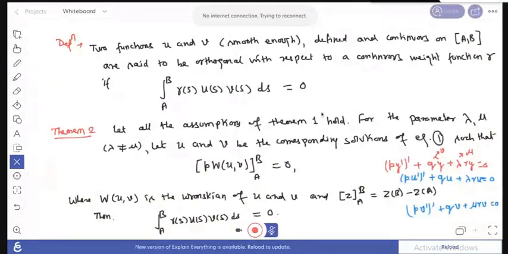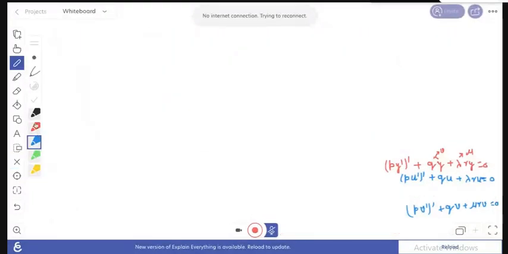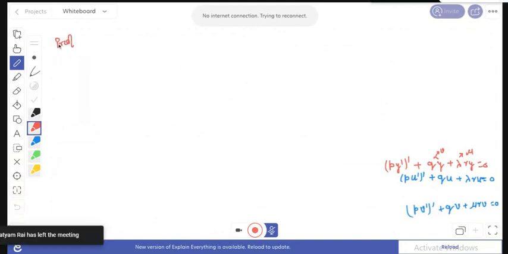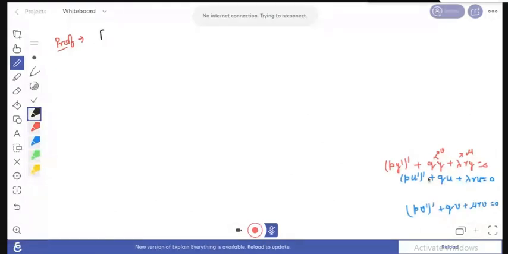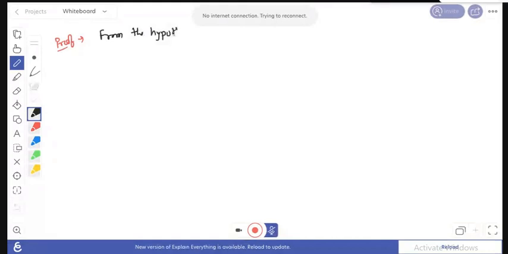OK, so let us try to prove this on the next page. Proof. So we write this thing. From the hypothesis we have p of u prime, as we wrote here, u prime plus q of u plus lambda r u equals 0.